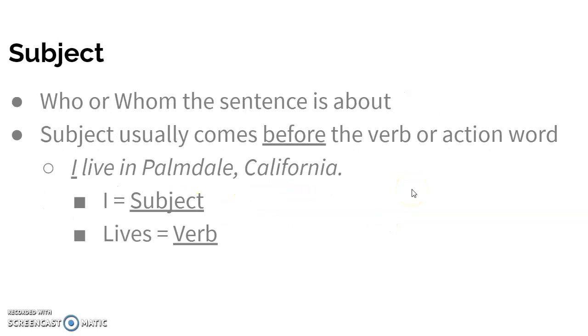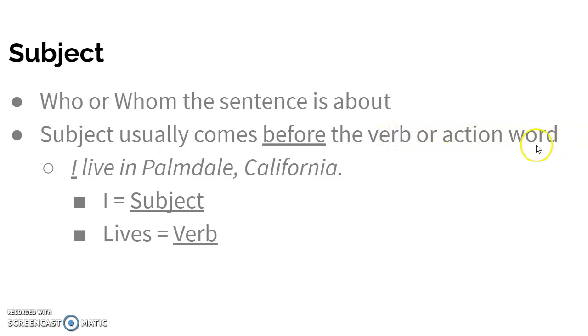A subject and a predicate have to be in a statement, in a sentence, to make it complete. Now, the subject is who or whom the sentence is about. You have to ask yourself, who or whom is this about? The subject usually comes before the verb.